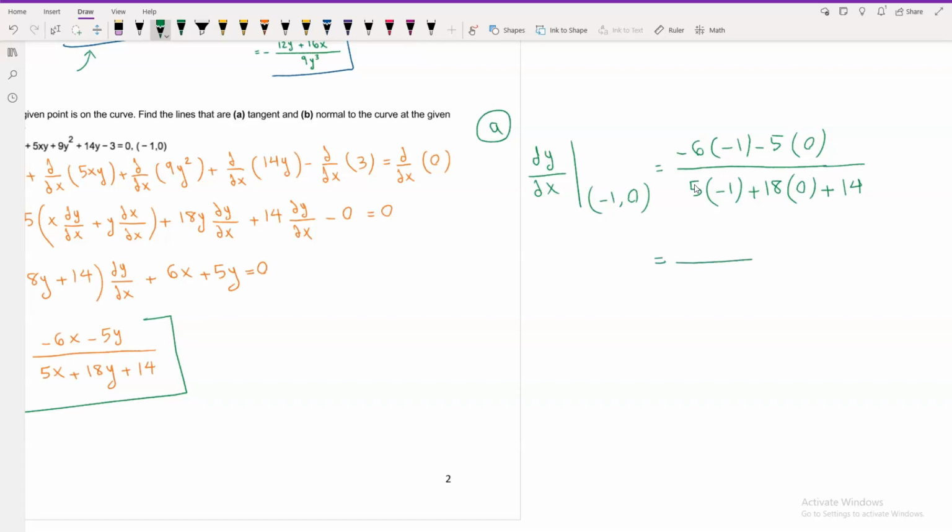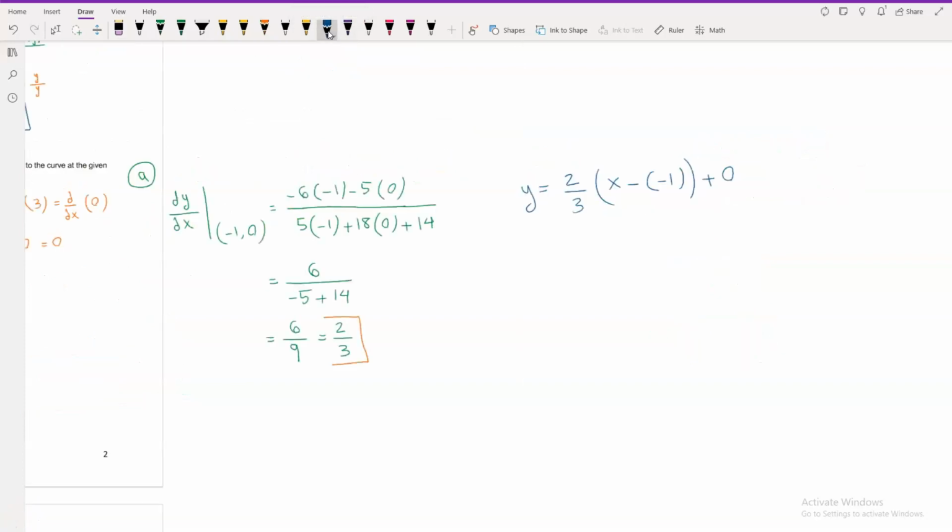So this is equal to positive 6 minus 0, so that is 6. Denominator we have negative 5 plus 18 times 0, that part is 0, then plus 14. So here we have 6 divided by 9, and that is 2 over 3. So our slope is 2/3.